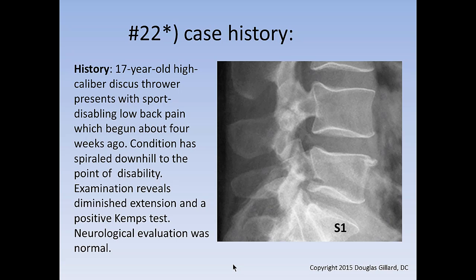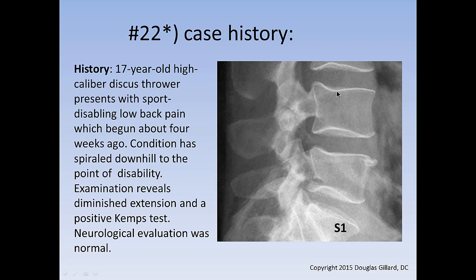Okay, let's give you the answers here. So this is S1. I helped you out here. So L5, L4. First of all, how's the end plates look? So these are Schmorl's nodes. So this kid, unfortunately, was not dealt a great hand when it came to the genes that create type 1 collagen and type 2 collagen, because we have multiple defects here.